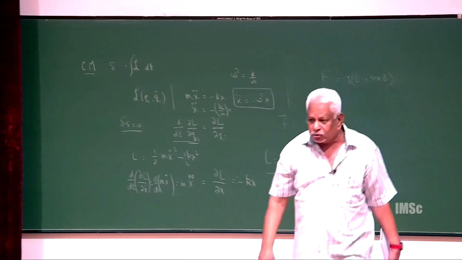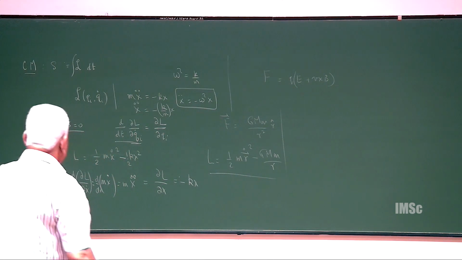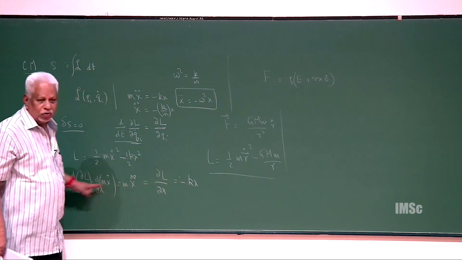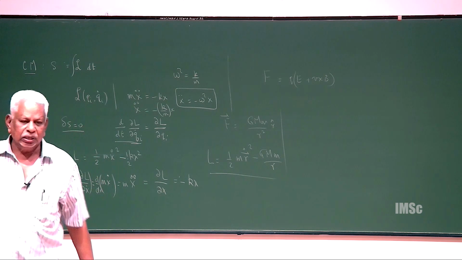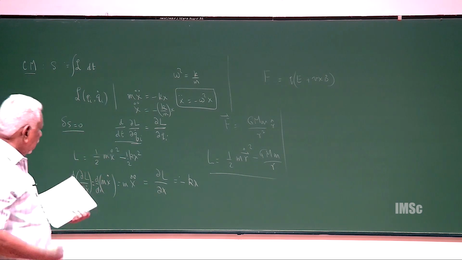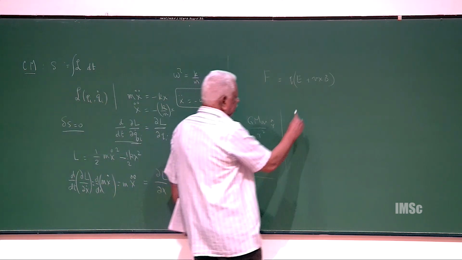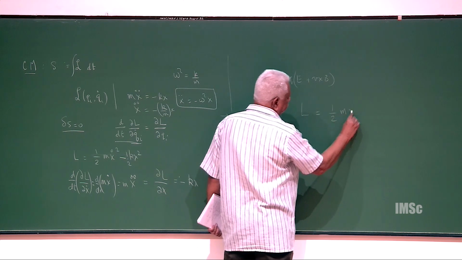What I expect you to do is this calculation, what I have done here. You should do it and probably consult, and I will give you the answer. It is not very difficult. The answer is, Lagrangian is half m r dot square.